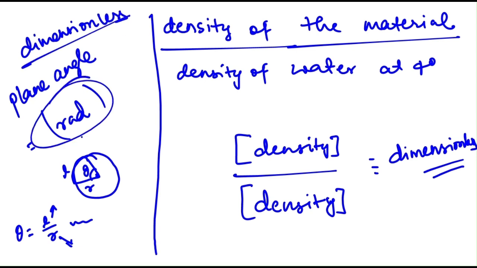In the same way you can justify the solid angle also. There you have dimension of area divided by dimension of area. I am leaving this part to you. You can do it by yourself for solid angle. Okay, let's continue our discussion.